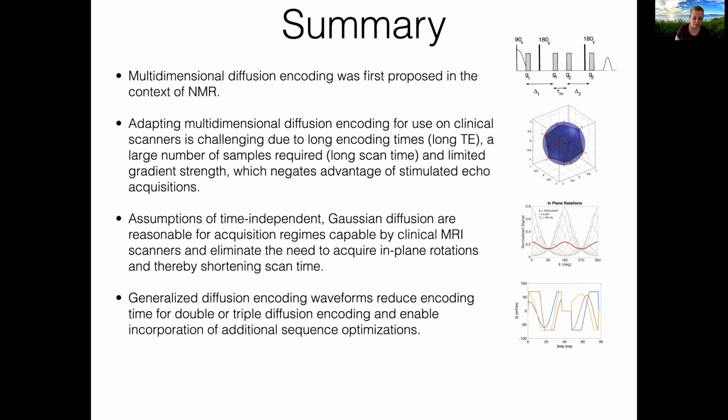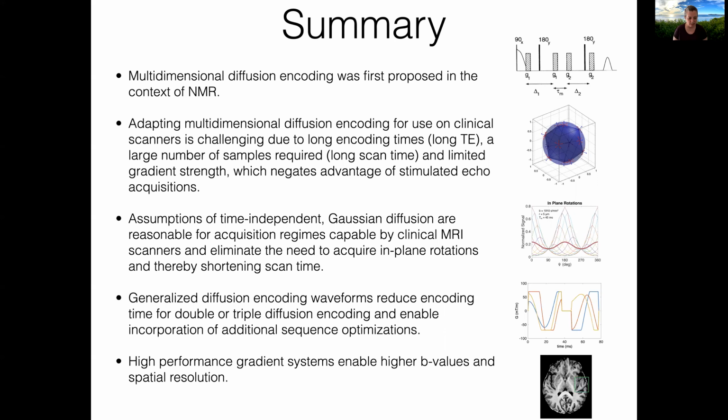Generalized diffusion encoding waveforms reduce encoding time for double or triple diffusion encoding and enable incorporation of additional sequence optimizations, and high performance gradient systems enable higher b-values and spatial resolution. And that concludes part 2.